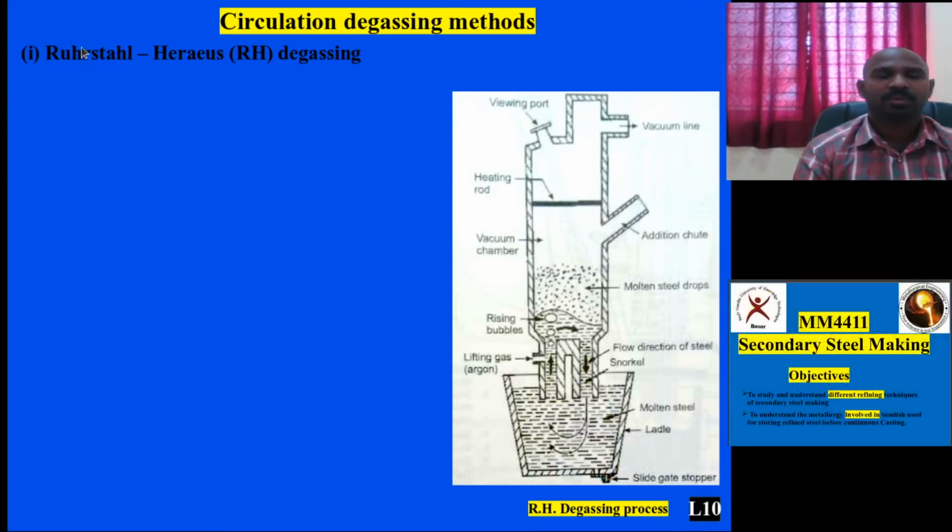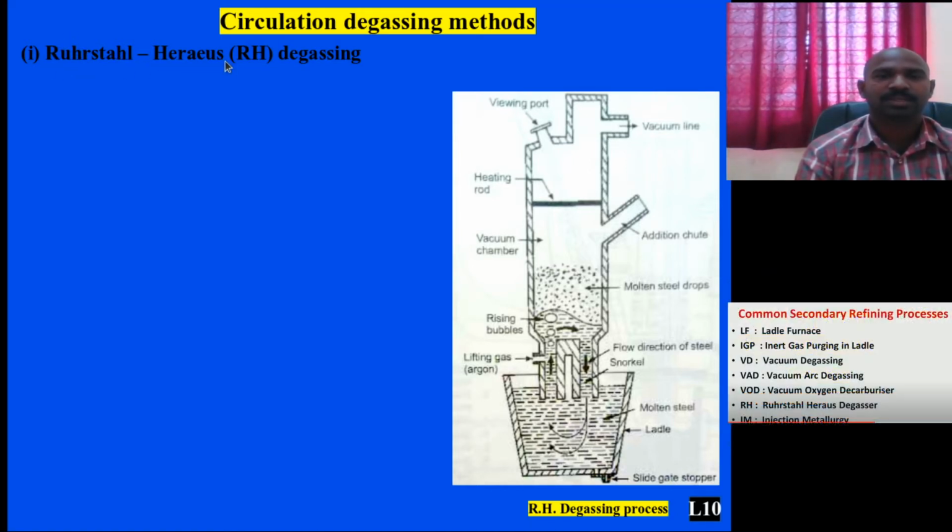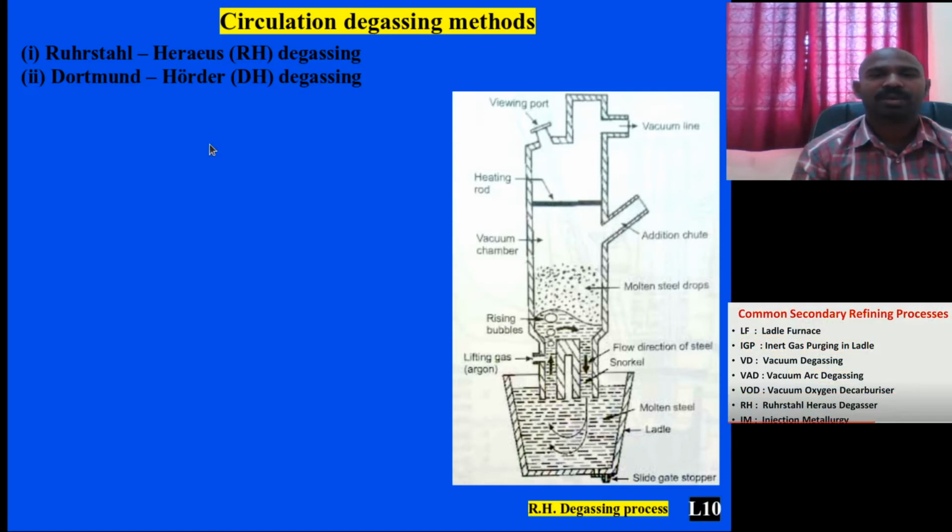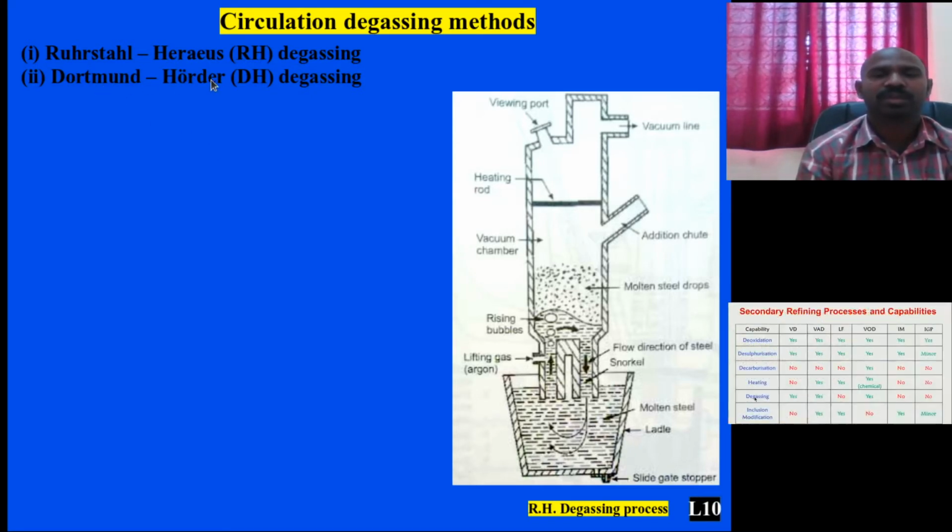Ruhr is one plant, and Heraeus is the location where this degassing process was developed. And there was another process from two places in Germany, Dortmund and Hoerde. This is another degassing method.